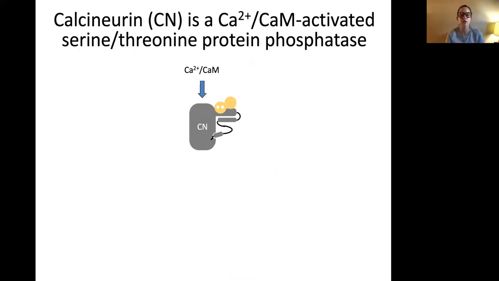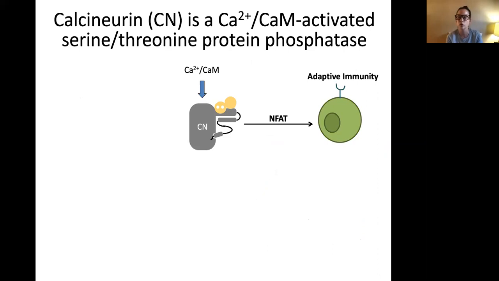And I want to start out by introducing calcineurin, which is the calcium and calmodulin activated serine threonine protein phosphatase, which is best characterized as the phosphatase responsible for dephosphorylation of the NFAT family of transcription factors and subsequent immune cell activation.